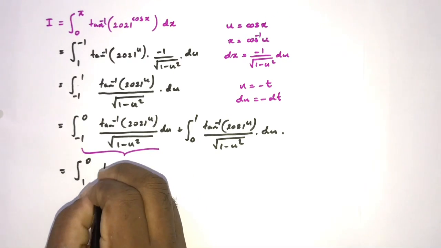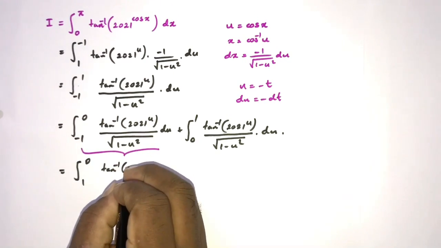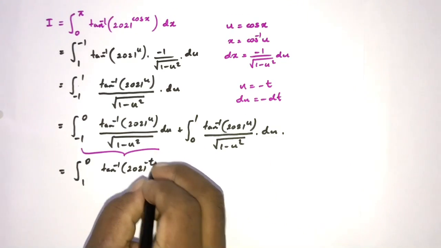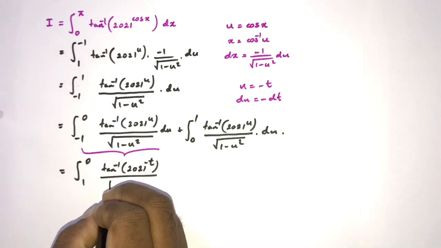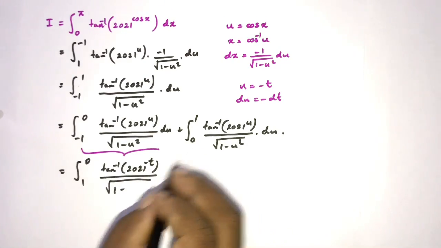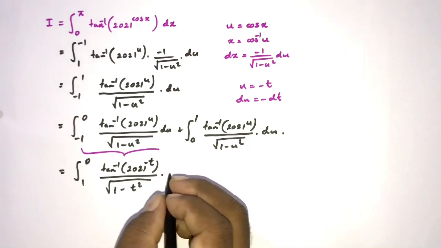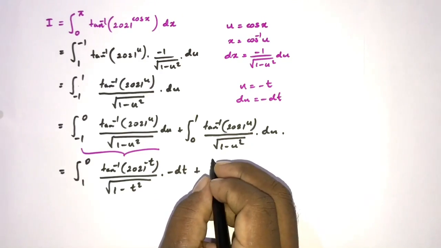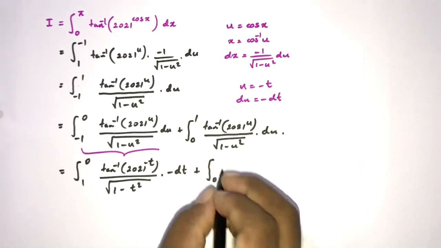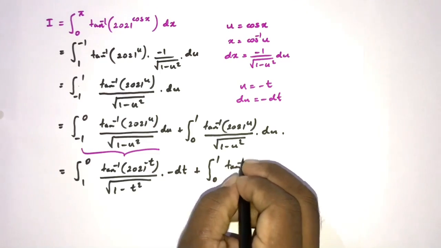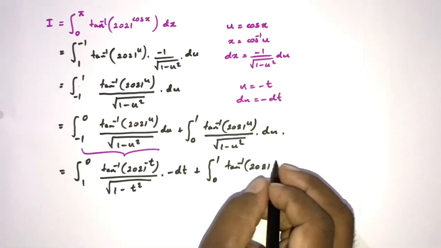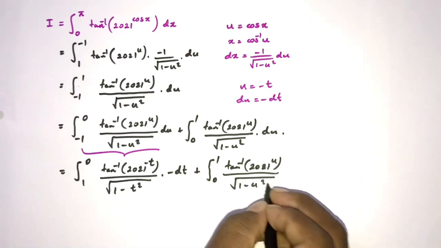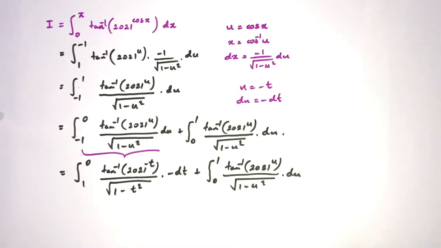Then here we have inverse tan of 2021 raised to the minus t over square root of 1 minus t square, times du we know minus dt, plus I rewrite this integral 0 to 1 inverse tan of 2021 raised to the u over the square root of 1 minus u square du.